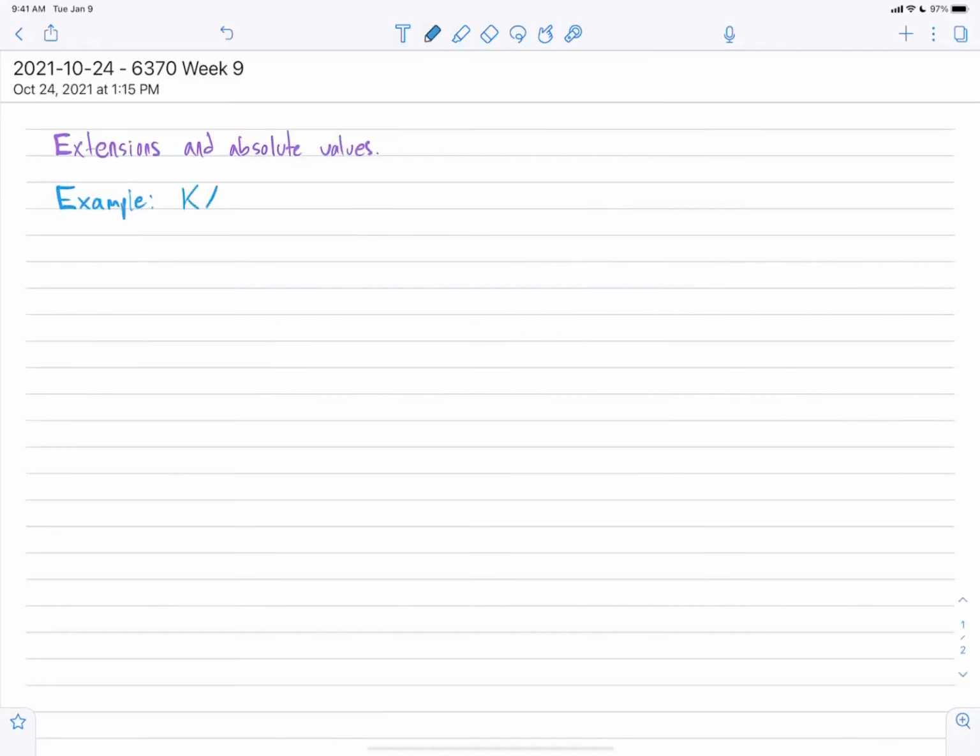So fix an extension K over Q. If I have a finite extension, I can always write K is equal to Q adjoin alpha for some primitive element alpha by the primitive element theorem, which is isomorphic to Q[x] mod f(x), where f is the minimal polynomial of alpha.